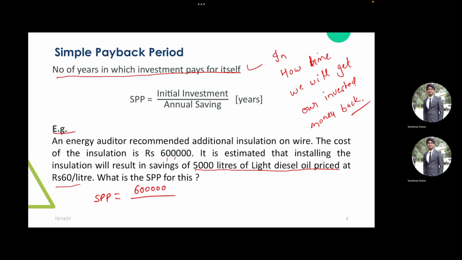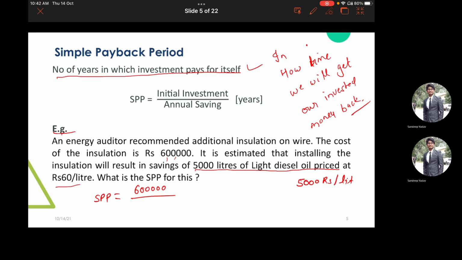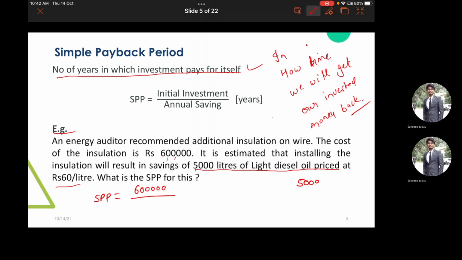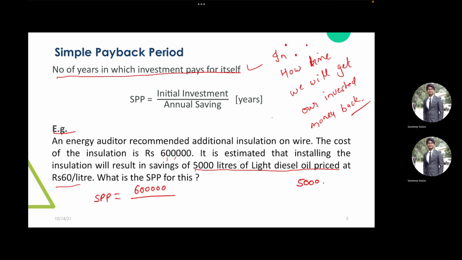Annual savings is saving 5,000 liters, and 1 liter costs 60 rupees.